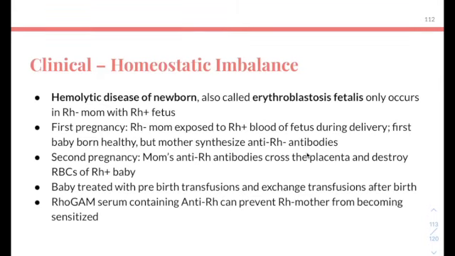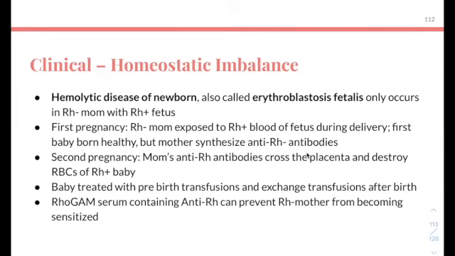RhoGAM serum containing anti-Rh can prevent the Rh negative mother from becoming sensitized. So now this is given to mothers during their first pregnancy. If they know one parent is positive blood type, one parent is negative blood type, they start looking at the baby to see, okay, what kind of blood type does that baby have?